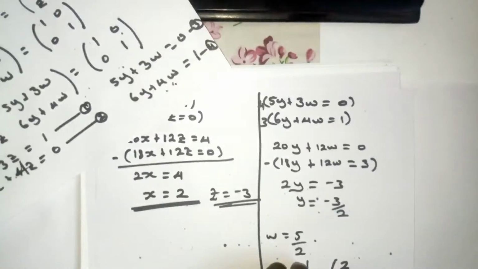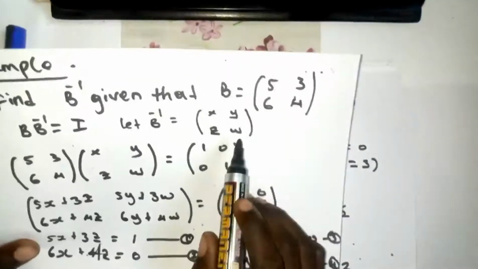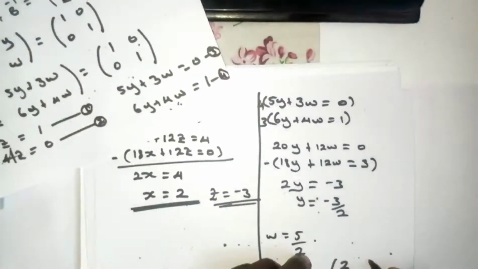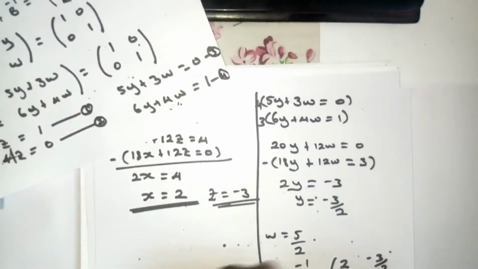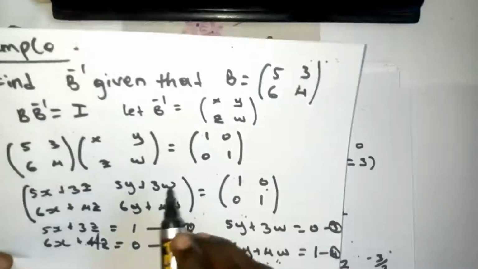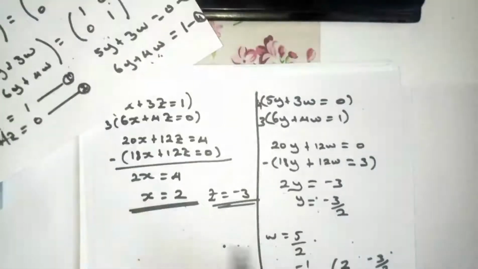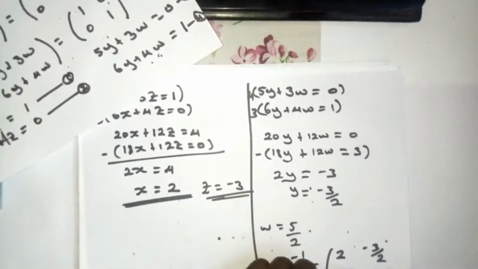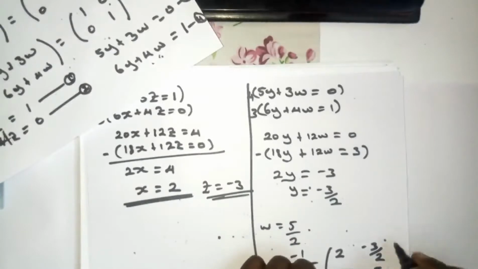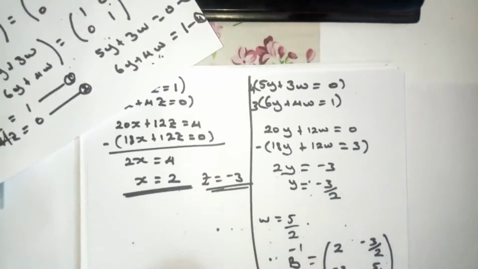So here I put negative 3. And where I have y, I put the value of y, which is negative 3 over 2. Then where I have w, I put the value of w, which is 5 over 2. So this is what I will have for that.